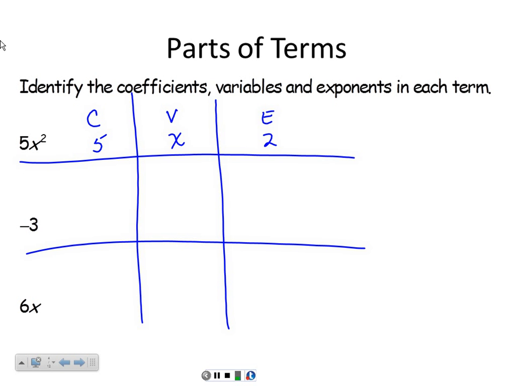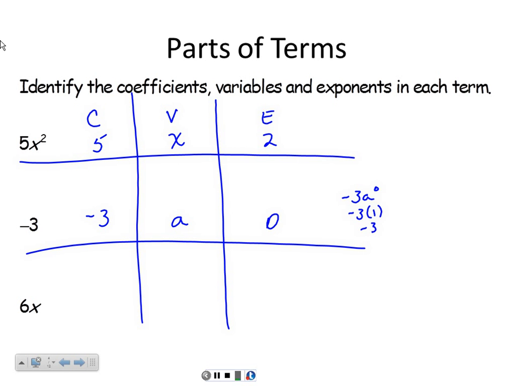For the next one, the coefficient is negative 3. The variable can be whatever you want it to be. You can choose any letter from A through Z, and so I'm going to choose A for atoms. And then the exponent is going to be 0, because remember, anything to the 0 power is 1, and so we have negative 3 times a to the 0 power, which is negative 3 times 1, which is negative 3.